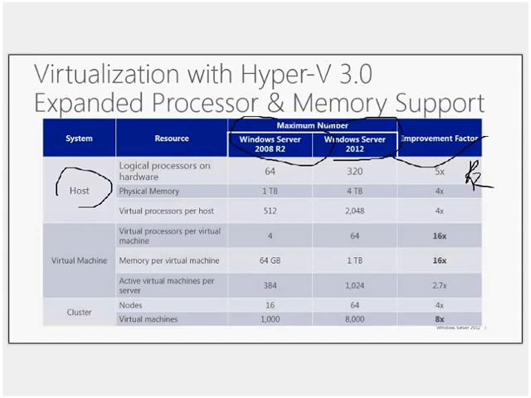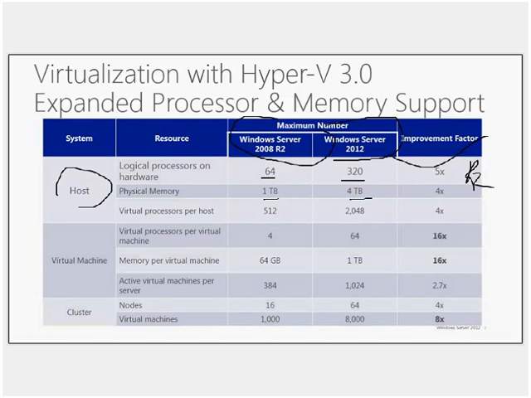You'll see there are lots of differences here with logical processors on the bare metal host. It's 64, and with Windows Server 2012 we've expanded that to 320 logical processors on hardware. Physical memory on bare metal goes from 1 terabyte to 4 terabytes, a big improvement there.